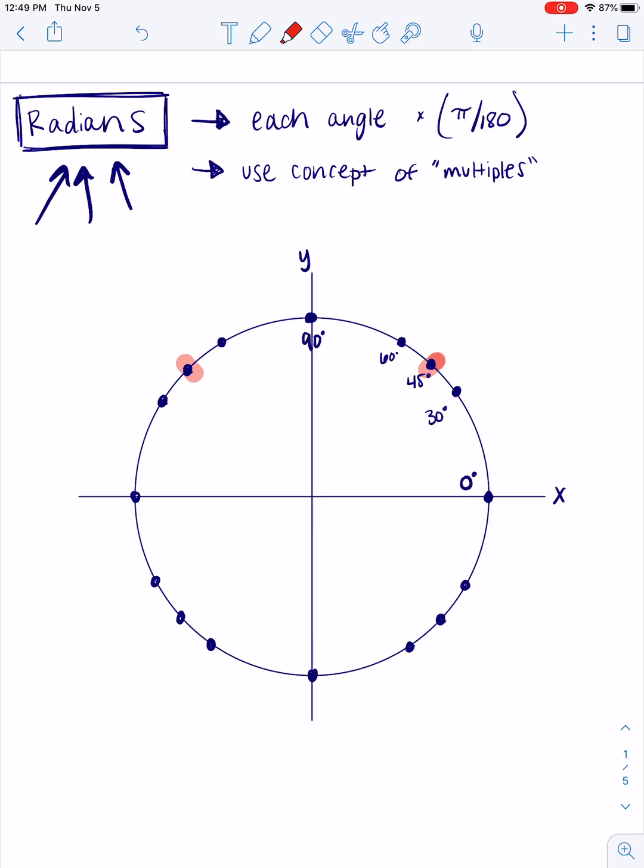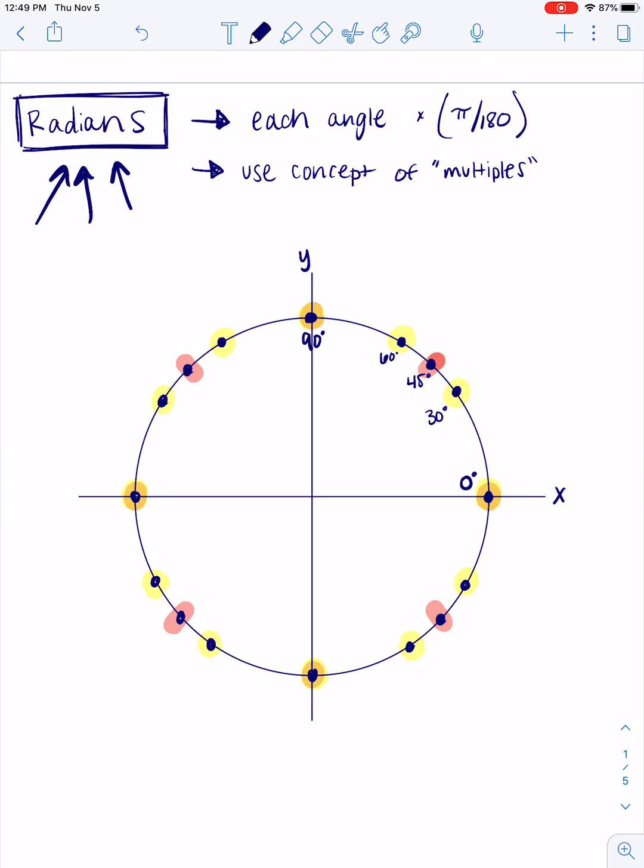Multiples of 45 degrees are in the middle of each quadrant and also at the top, the bottom, and the left and the right. The rest of them, this is just how I prefer to do it, are all multiples of 30. So multiples of 30 are here, 30, 60, and then at the top, 90. And then these missing ones are multiples of 30 and on the quadrants again. So all of those are multiples, and that's how we find the rest of our angles in degrees.